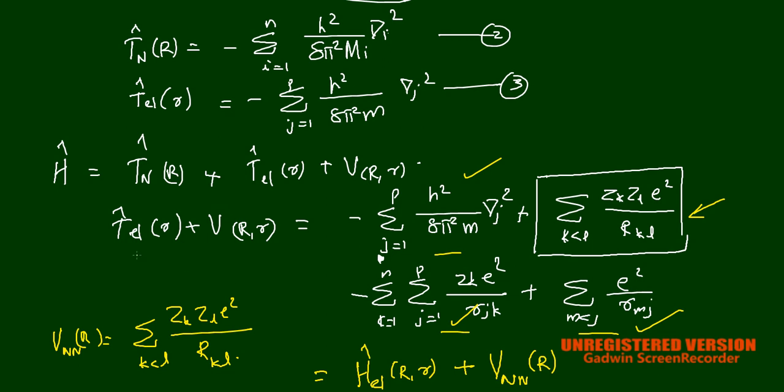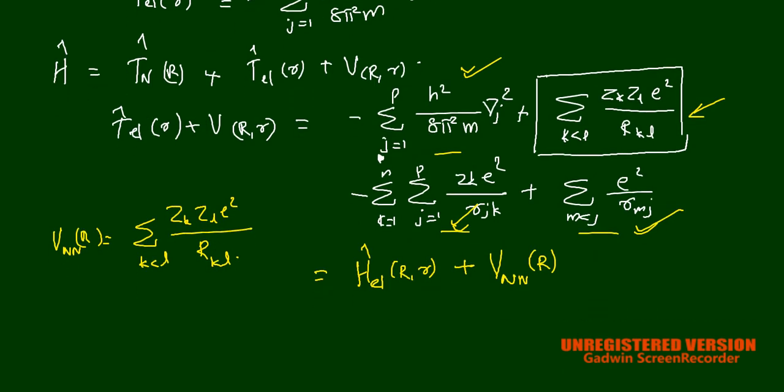Then we rearranged this T electronic plus VRR in such a way that we wrote the first, third and fourth terms together as H electronic, because it deals with the electronic kinetic energy and potential energy.